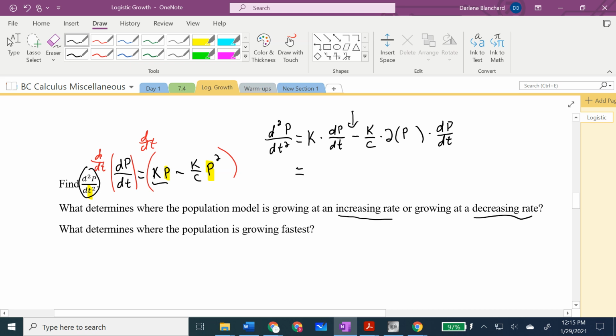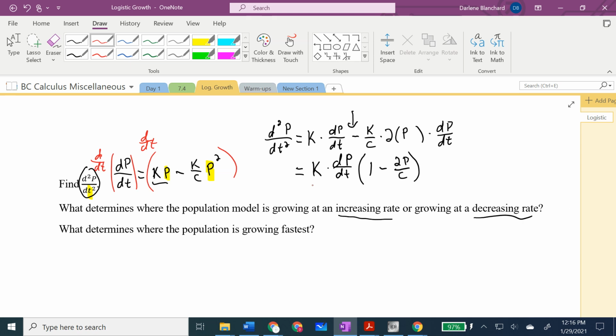With this minus sign right here, what do I have in common that I can just factor out? And then that leaves me with a 1 minus 2P over C.